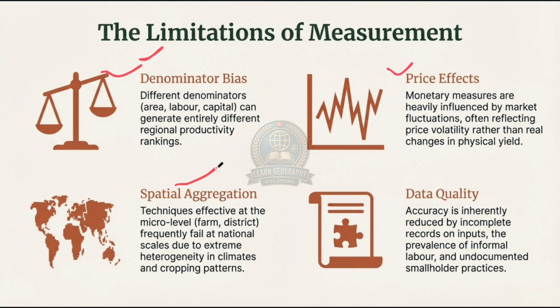Spatial aggregation techniques effective at the micro-level, farm or district, frequently fail at national scales due to extreme heterogeneity in climates and cropping patterns. Data quality. Accuracy is inherently reduced by incomplete records on inputs, the prevalence of informal labor, and undocumented smallholder practices. These are some limitations of measurement.